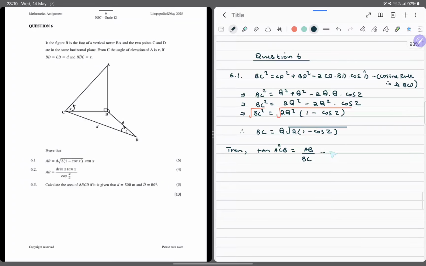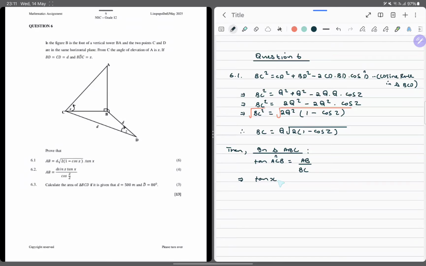So in triangle ABC, we understand that tan of ACB is going to be that. We substitute.